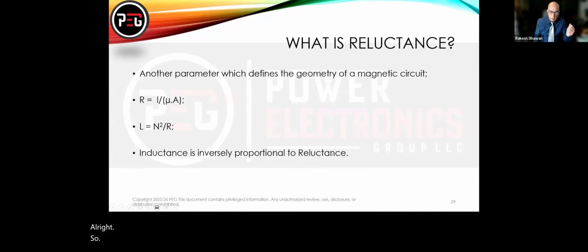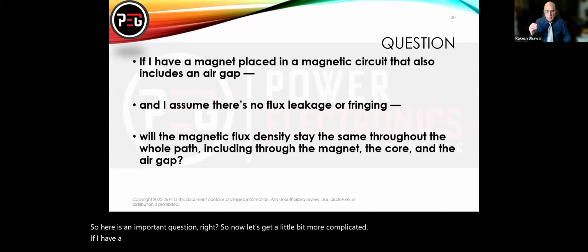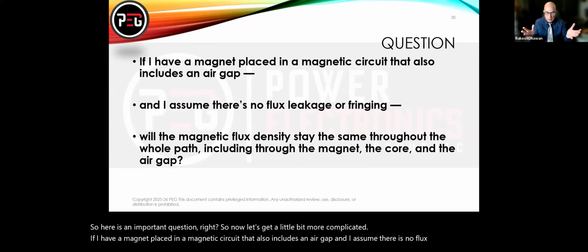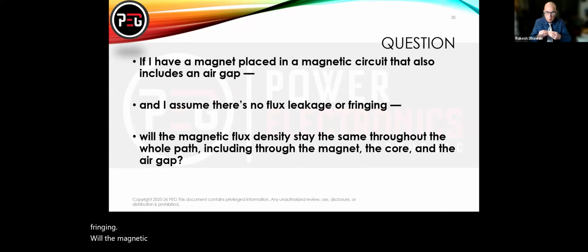Okay, we discussed that. So let's go to the next one. Here is an important question, right? Now let's get a little bit more complicated. If I have a magnet placed in a magnetic circuit that also includes an air gap, and I assume there is no flux leakage or fringing, will the magnetic flux density stay the same throughout the whole path, including through the magnet, the core, and the air gap?